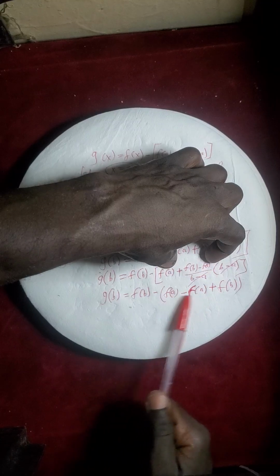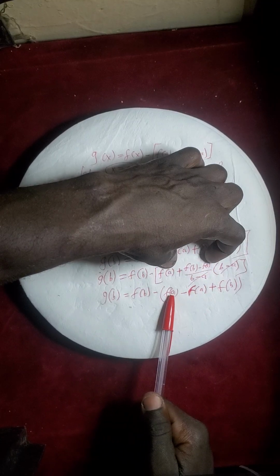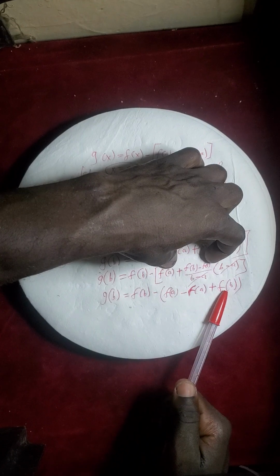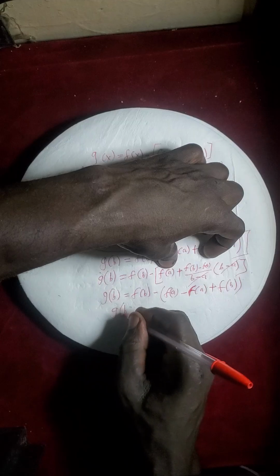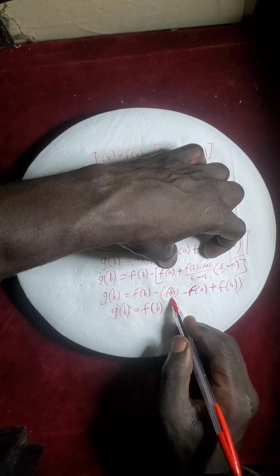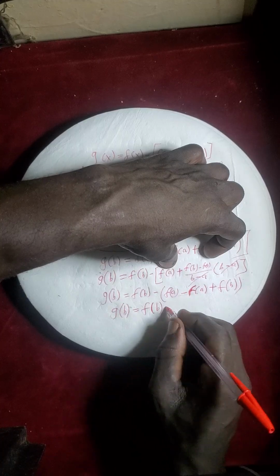Why? I want these two to cancel out each other, because f of a minus f of a is a 0. Then I'll remain with f of b inside. So g of b equals f of b, then here it's a 0, minus the last one.